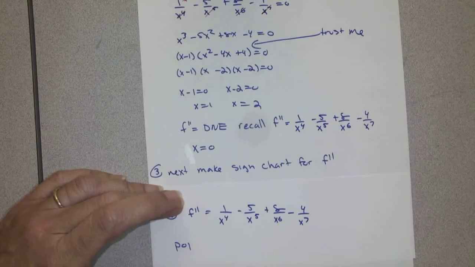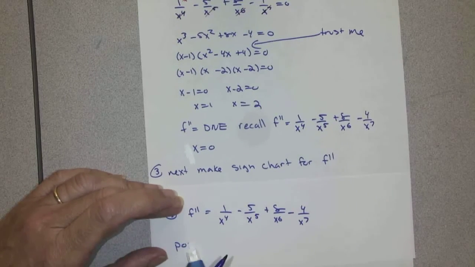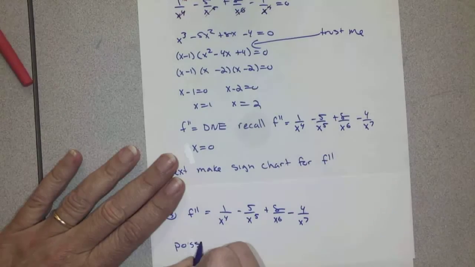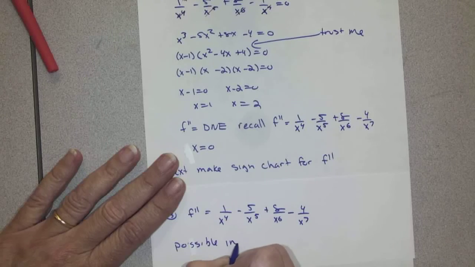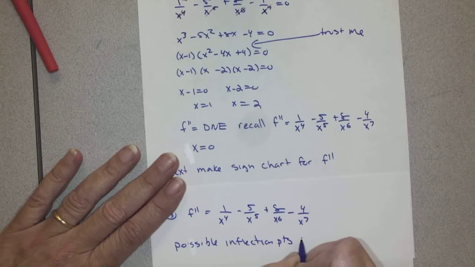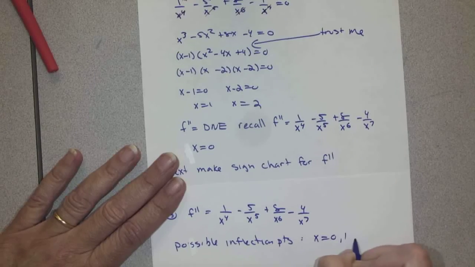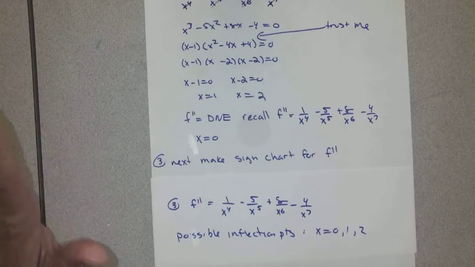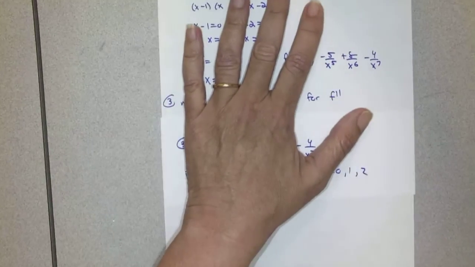And my possible inflection points were 0, 1, and 2. Even though we already knew that 0 wasn't an inflection point, I'm just going to put it in there.